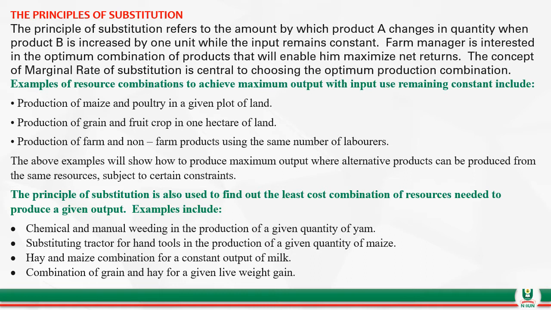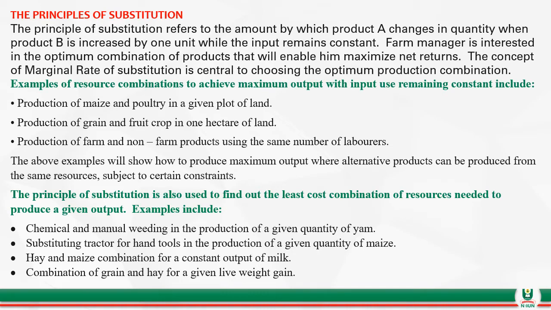That is substituting tractor for hand tools in the production of a given quantity of maize. Hay and maize combination for a constant output of milk, and combination of grains and hay for a given live weight gain. So these are the least cost combinations of resources needed to produce a given output. These are the typical examples.